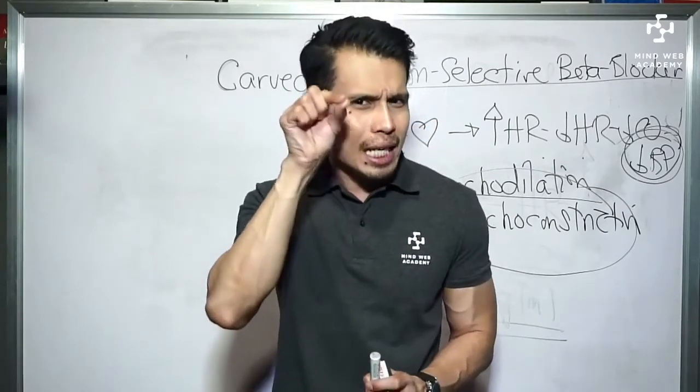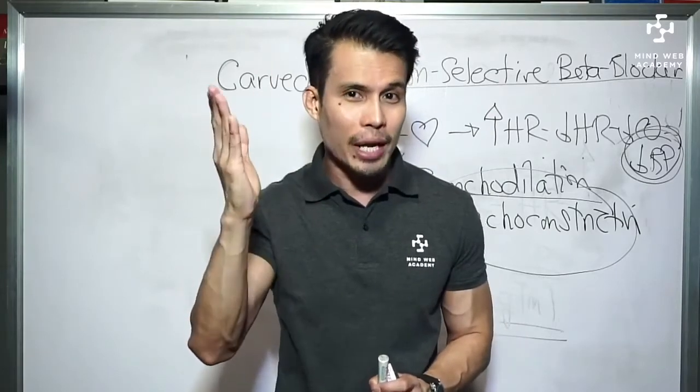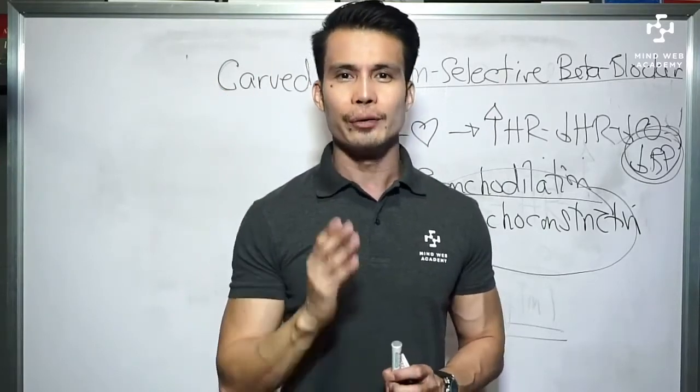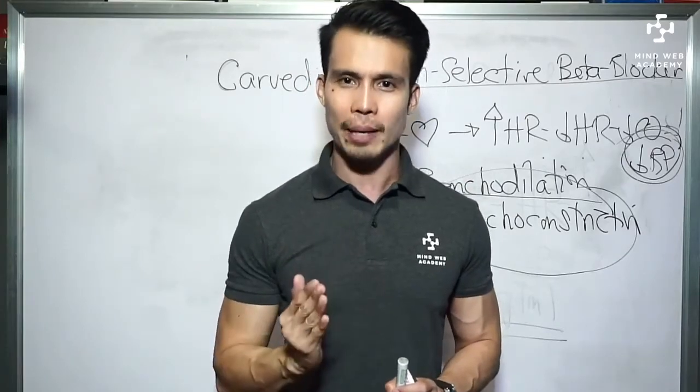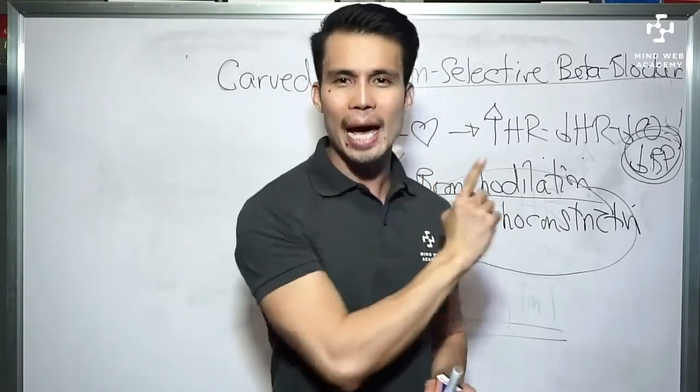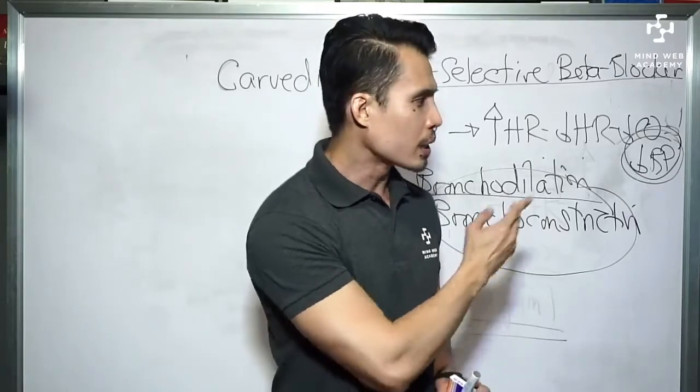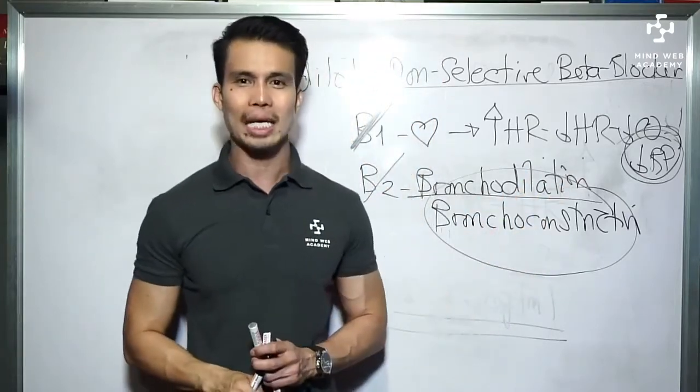The air passage becomes even narrower, am I correct? And that can lead to respiratory arrest or a respiratory problem. So, nurses, should I question this order, carvedilol for a client with bronchial asthma?